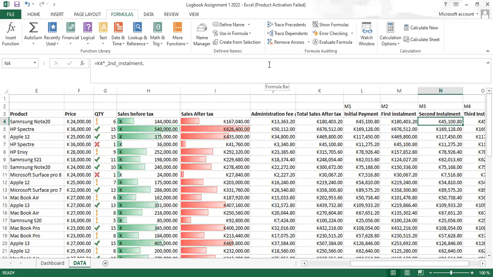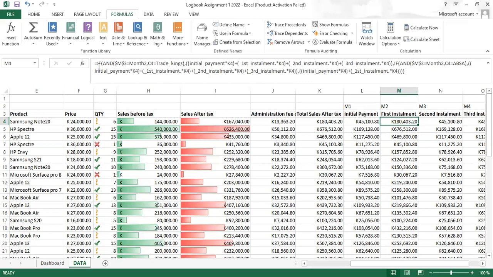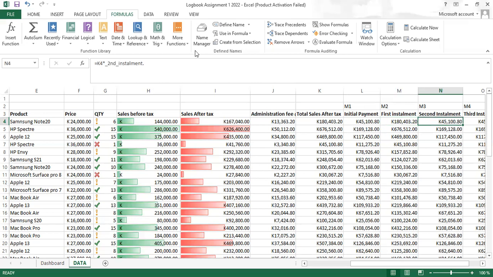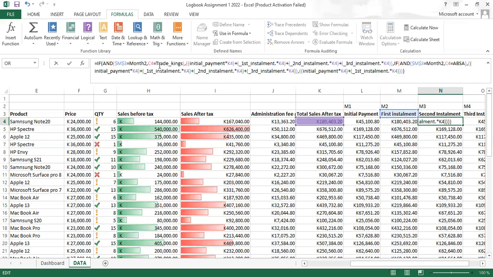So let's go to our first installment formula here. Highlight after the equal sign. Don't copy with the equal sign. Just copy from IF up to the last. Then you come to the second installment. Delete what you had written there last time, put the equal sign, and then Control V to paste the formula. The formula has been pasted now.